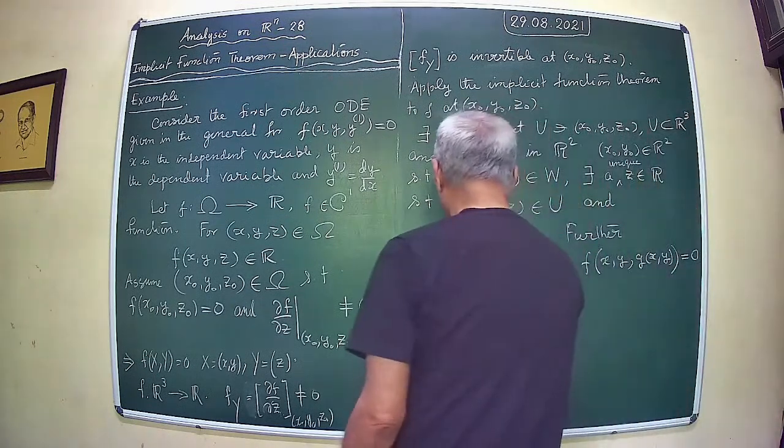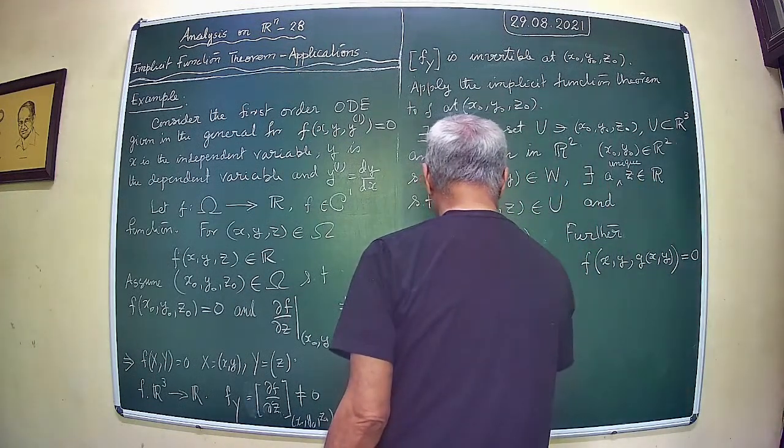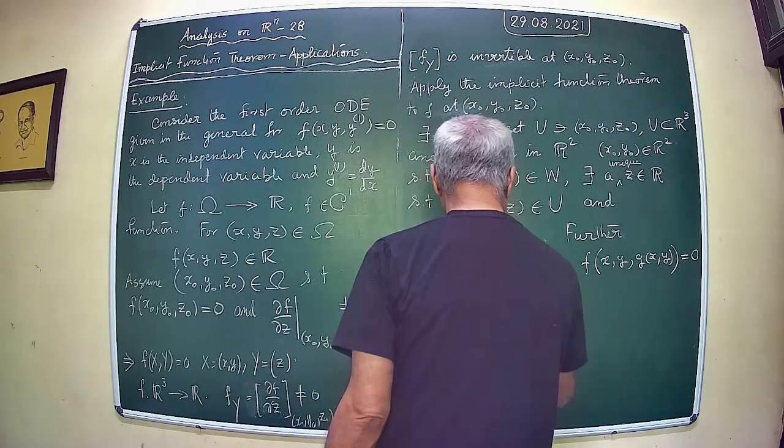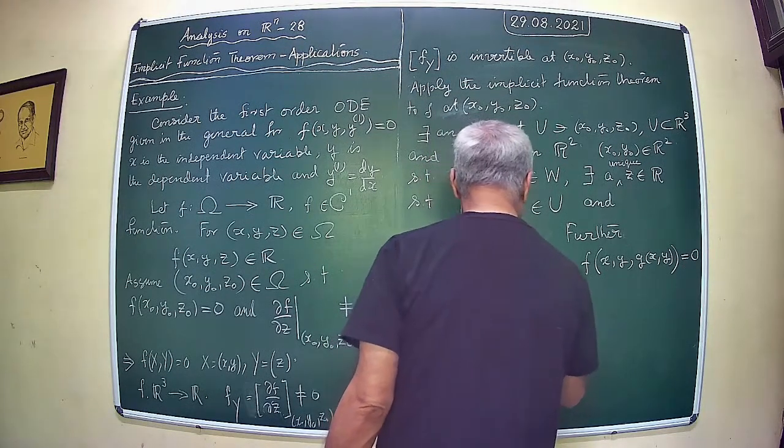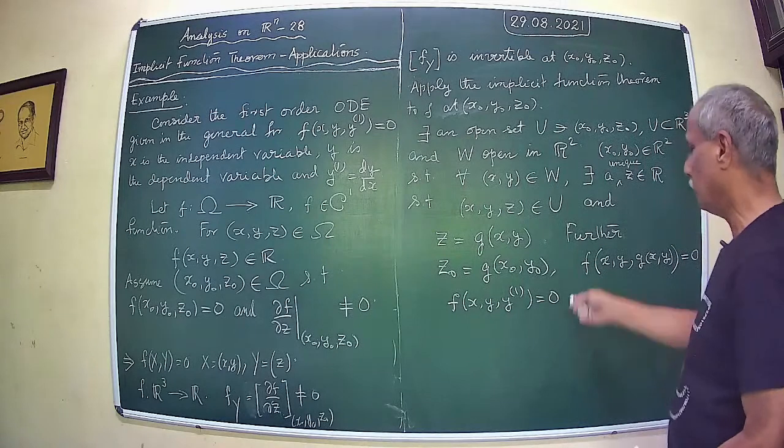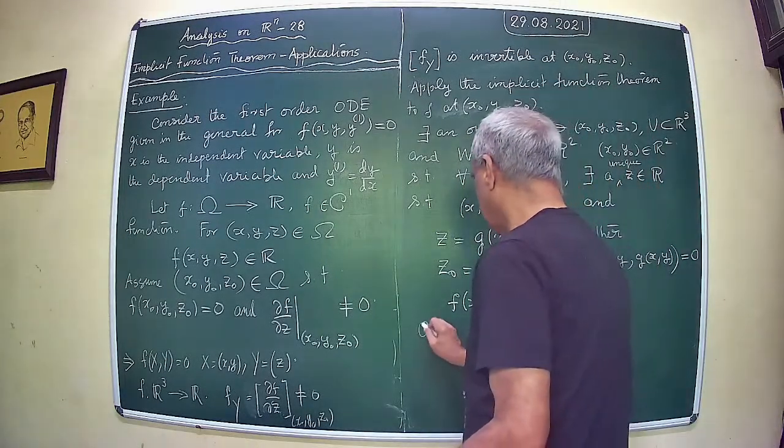So now we look at this one, f of x, y, y derivative equal to zero. Now the question that you have is this.